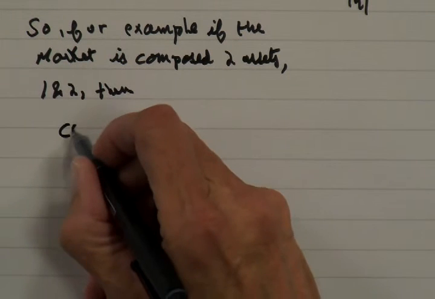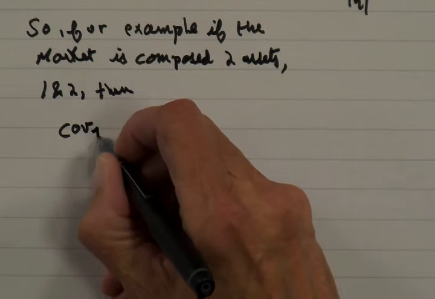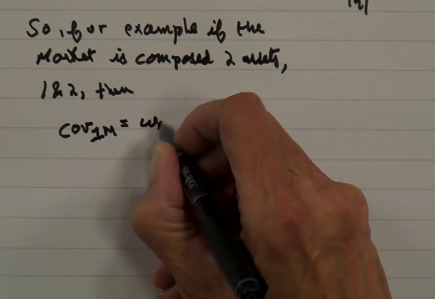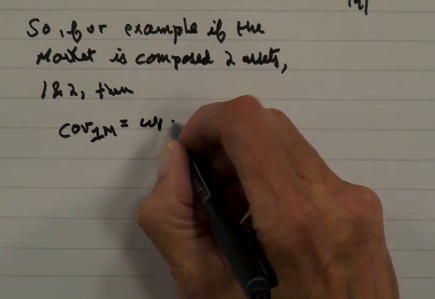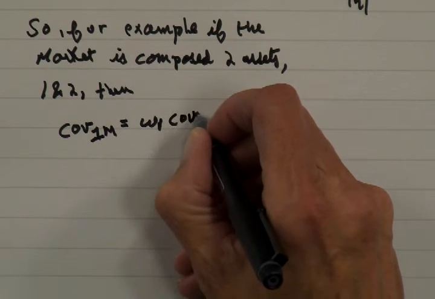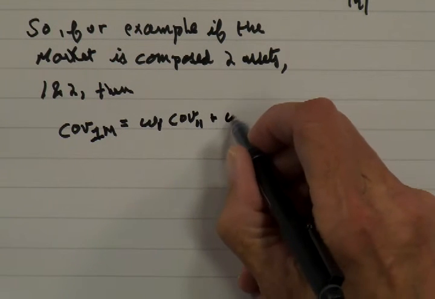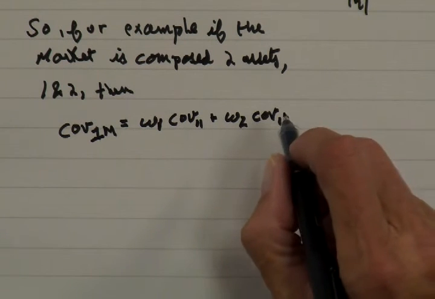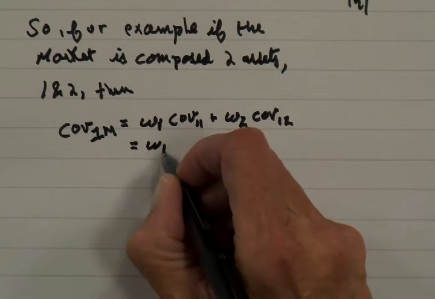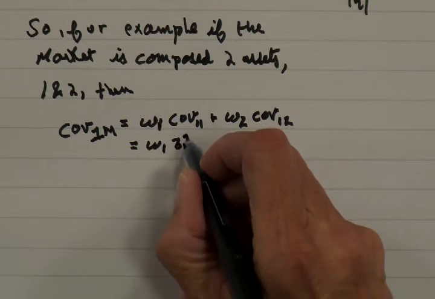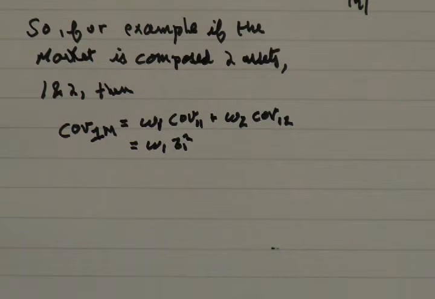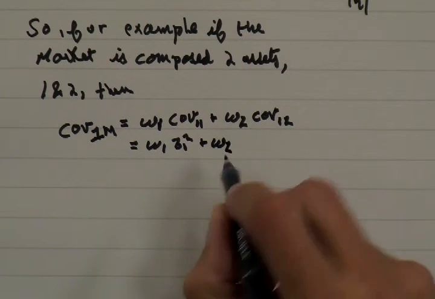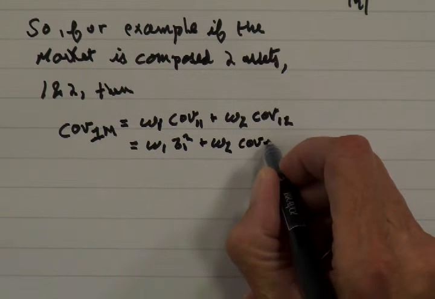We get the covariance of asset 1 with our market equals W1, the covariance of 1 with 1, plus W2, the covariance of 1 with 2, equals W1 times sigma 1 squared, the variance, because if you take the covariance of 1 with itself, you just get the variance, plus W2 covariance of 1 and 2.